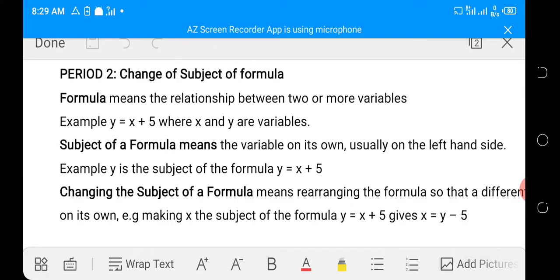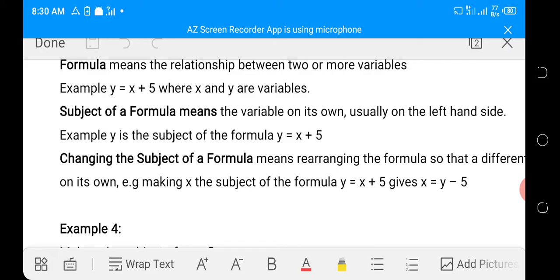Other variables will be at the right hand side of the equation. For example, in the formula y is equal to x plus 5, y is the subject of the formula because y is the one standing alone, while other quantities are at the other side of the equation.